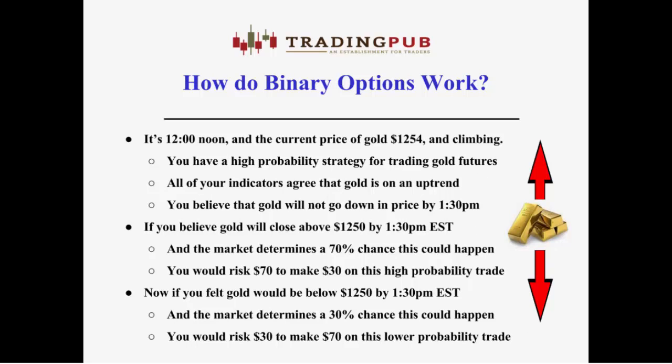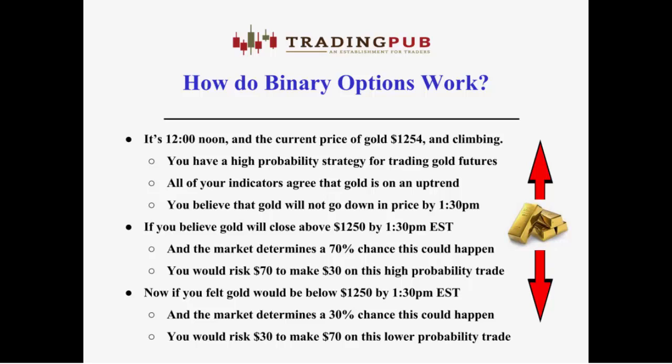So let's go for an example of how Nadex binary options work. Let's suppose it's 12 o'clock noon and the current price of gold is $1254 and it's climbing. And you have a strategy in your back pocket for trading gold futures, and all of your indicators agree that gold is on an uptrend. In fact, you believe that the price of gold will not go down by 1:30 when the pits close.